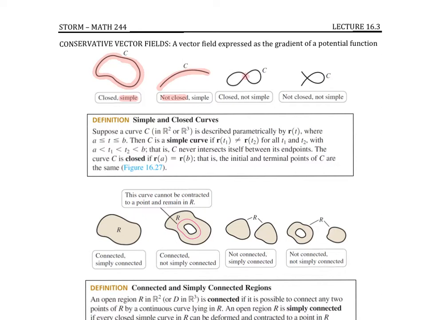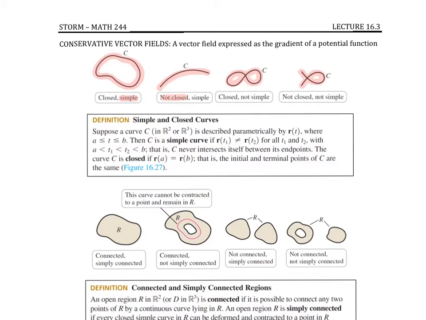It's not simple because it intersects on itself, but it's closed because you have a starting point and that's the same ending point. The last diagram is not closed and also not simple. It's not closed because the starting and ending points are different, and it's not simple because it intersects on itself.